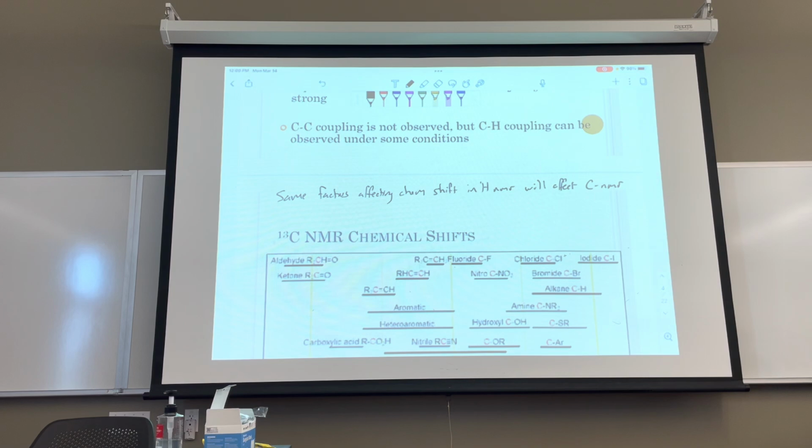And what that's going to primarily be is things like electronegative atoms. So you know that whenever you have an oxygen or a halogen or something like that attached to your molecule, those protons were shifted further downfield than just regular alkyl type protons. It's going to be the same thing with carbon.